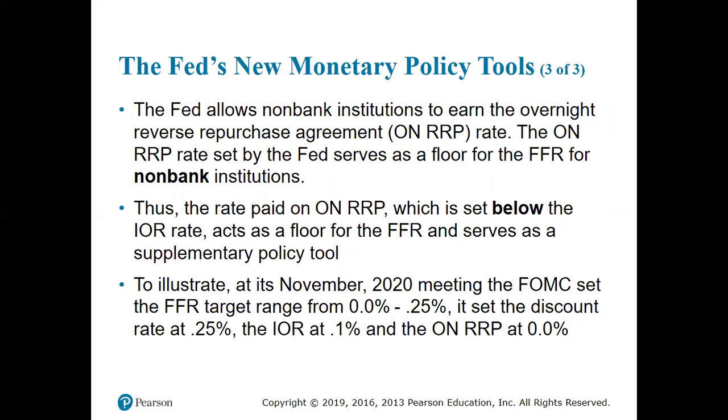And as we go on to how it can be lower, well, the Fed allows non-bank institutions to earn an overnight repurchase agreement rate that, in essence, they'll pay them for depositing funds at the Fed, this reverse repurchase agreement rate, which actually sets the overall floor for the Fed funds rate, or it's really the floor for non-bank institutions.